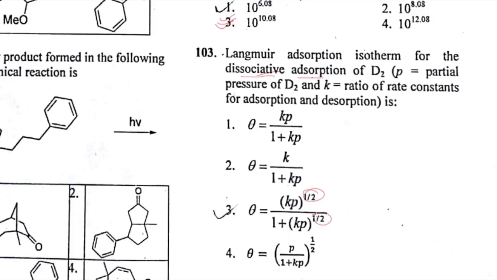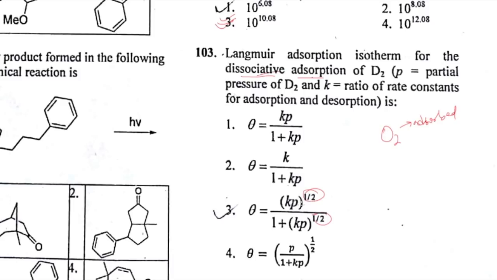Somebody asked me in the comment section also. Many students asked why, for O2 also, if O2 is getting adsorbed, because it was a question from the previous year, you are not putting 1 by 2 over there.